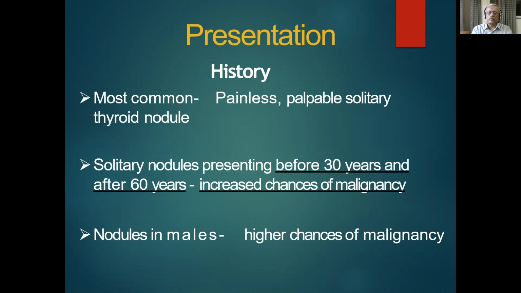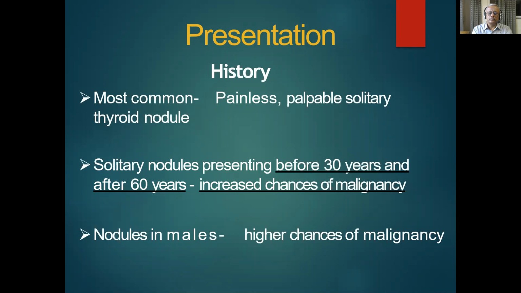Sir, in papillary thyroid carcinoma, you told us about favorable prognosis. Are there any variants which do not show a favorable prognosis, that is, which have a poor prognosis? The tall cell variant has a poor prognosis, sir.